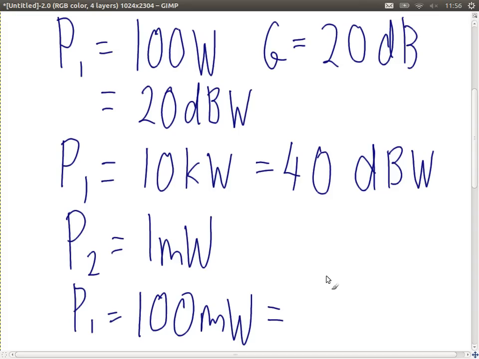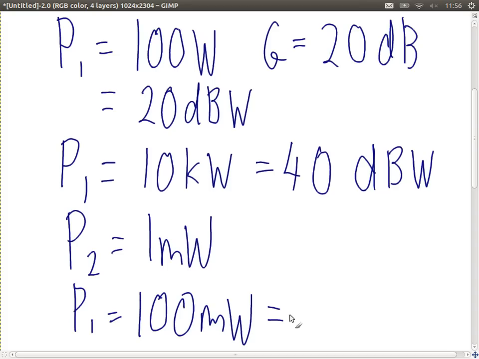Or let's make it simple. How many times larger is P1 than P2? 100 times. That is, relative to 1 milliwatt, a power level of 100 milliwatts, this is an M, is 100 times. Expressed in dB, a factor of 100 is 20 dB. Log of 100 times 10.